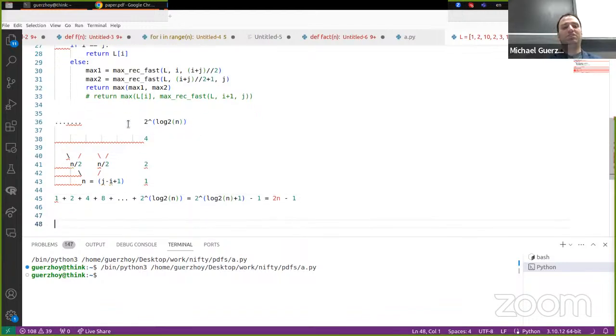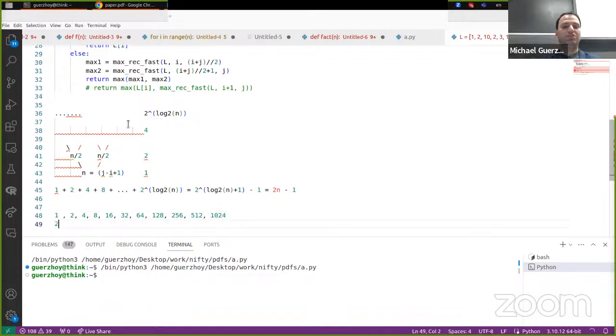If you go 1, 2, 4, 8, and you ask how many steps to 1024, that's like asking what power I need to raise 2 to, because this is 2 to the 0 and then 2 to the 1 and so on up to 2 to the k.